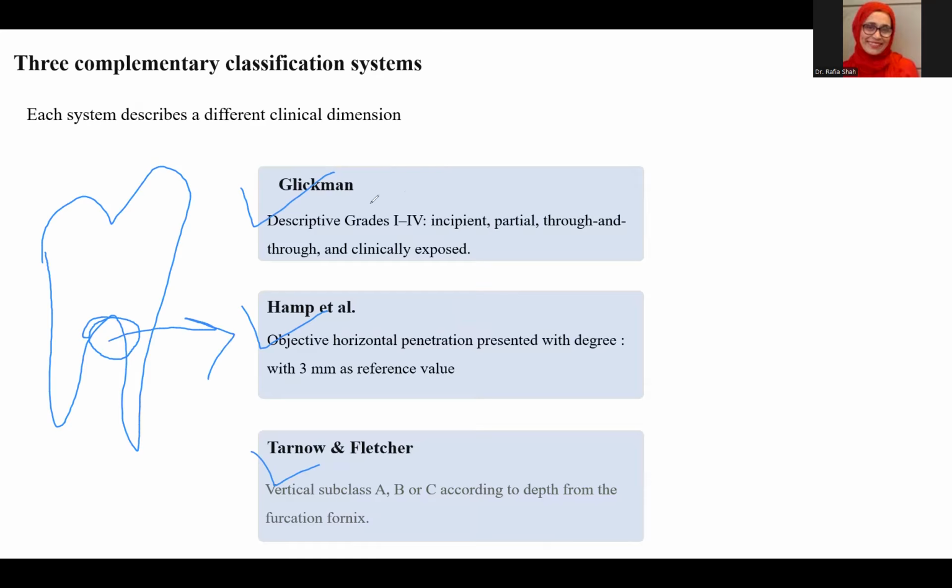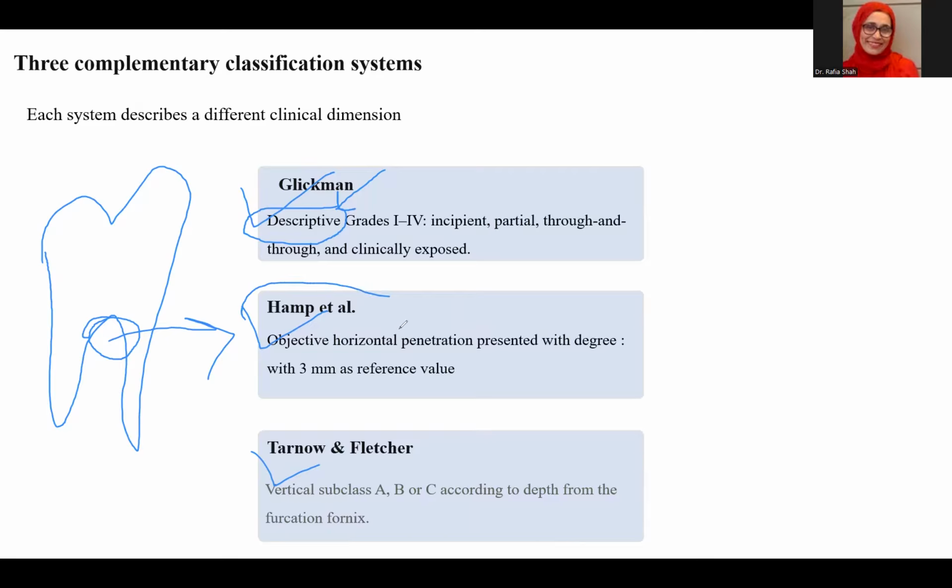If we talk about Glickman, it is basically a descriptive classification. This is a subjective classification, not objective. It has no numerical value. It only tells that the problem is there, but not in a proper numeric way.